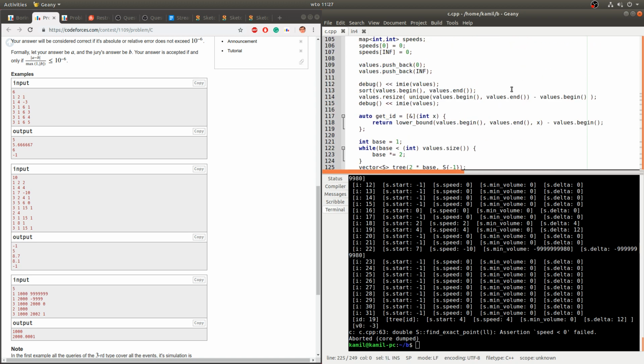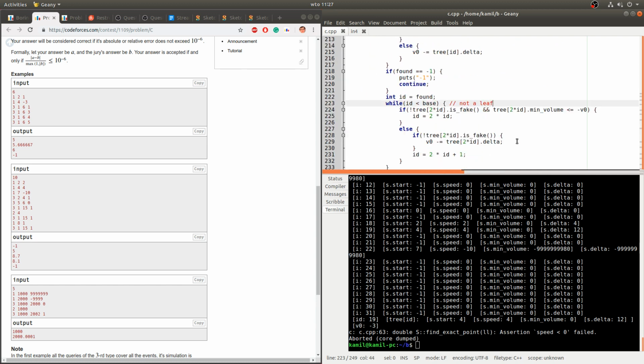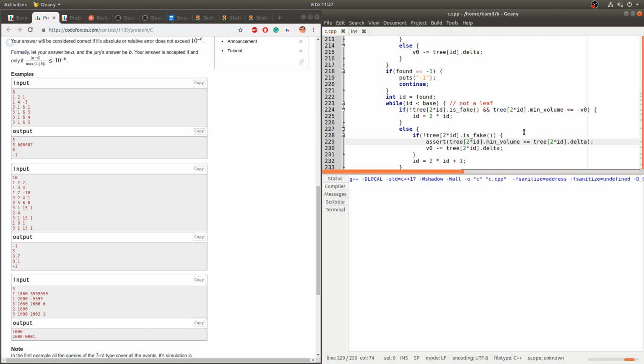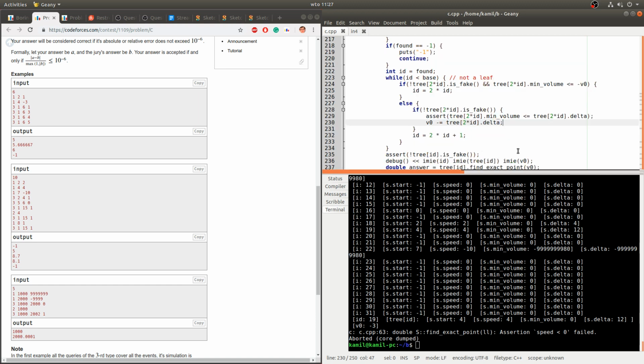What about this? Is minimum volume for sure smaller than delta? Let me assert it here. Tree of 2 times id min volume smaller equal tree of 2 times id delta. If not, then something is wrong. So how did v0 become negative?